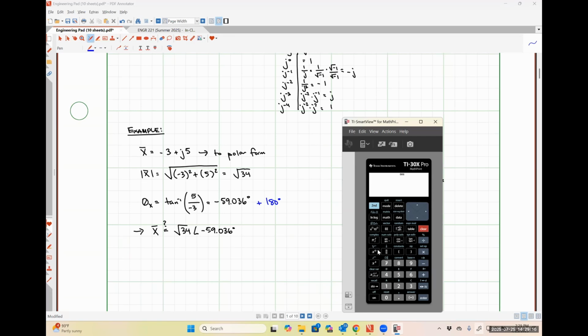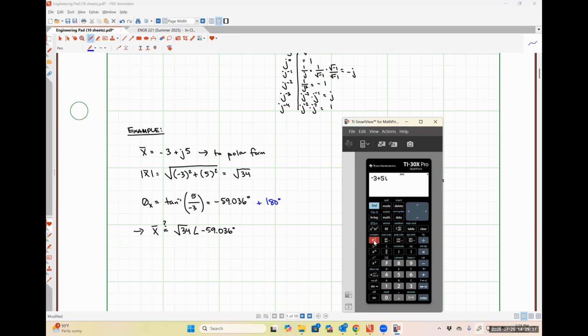So I'm going to type in our complex number here. -3 plus 5. And then to get my imaginary operator, I'm going to press this pi button 3 times. If I press it once, it gives me pi. If I press it again, it gives me e.